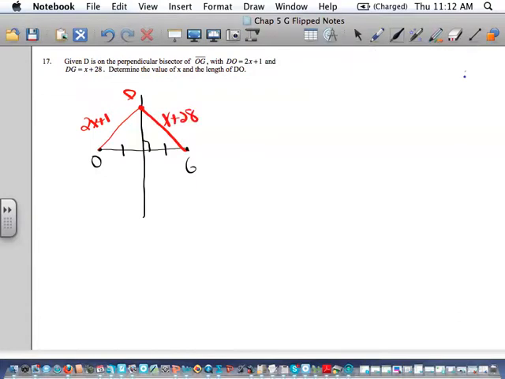Well, if D is on the perpendicular bisector, then it means that D is equal distance from O as it is from G, which gives you 2 congruent lengths. Remember I said if it's on the perpendicular bisector, you're going to get a lot of isosceles triangles, any point on that perpendicular bisector. Therefore, 2x plus 1 is equal to x plus 28.